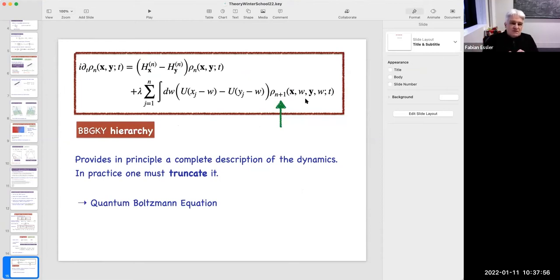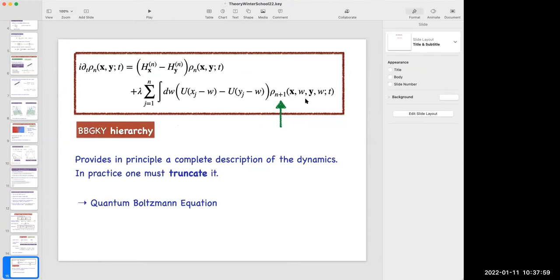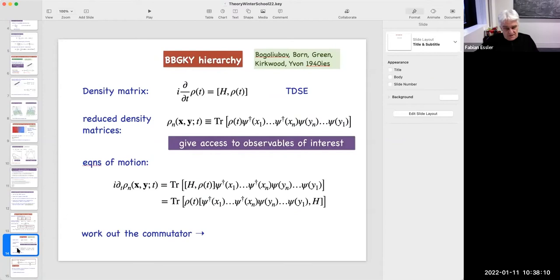Okay, so now the way you defined the reduced density matrices, are these also equivalent to doing some partial trace over some region, or are these just unrelated? Yeah, so the concept is exactly the same, if you wish. These reduced density matrices in particle space defined here depend on coordinates x and y.